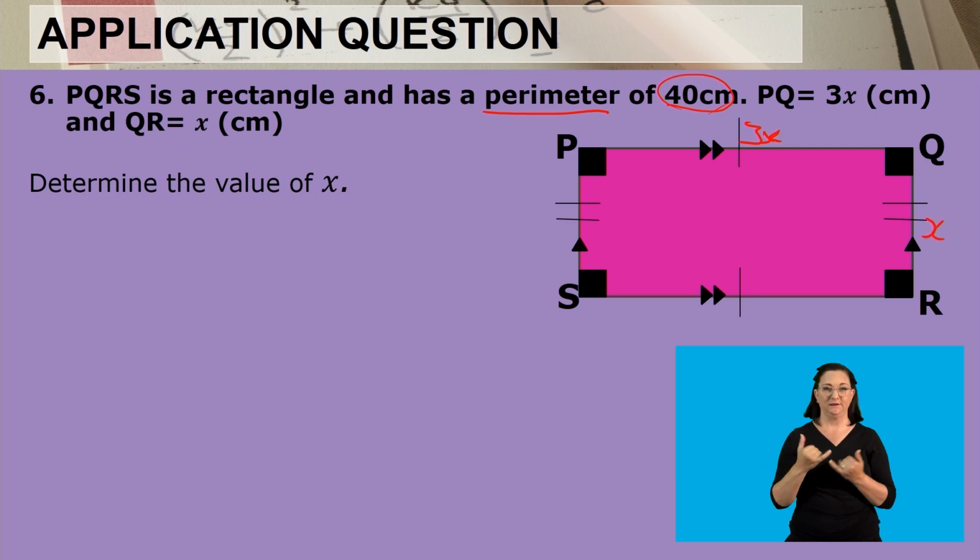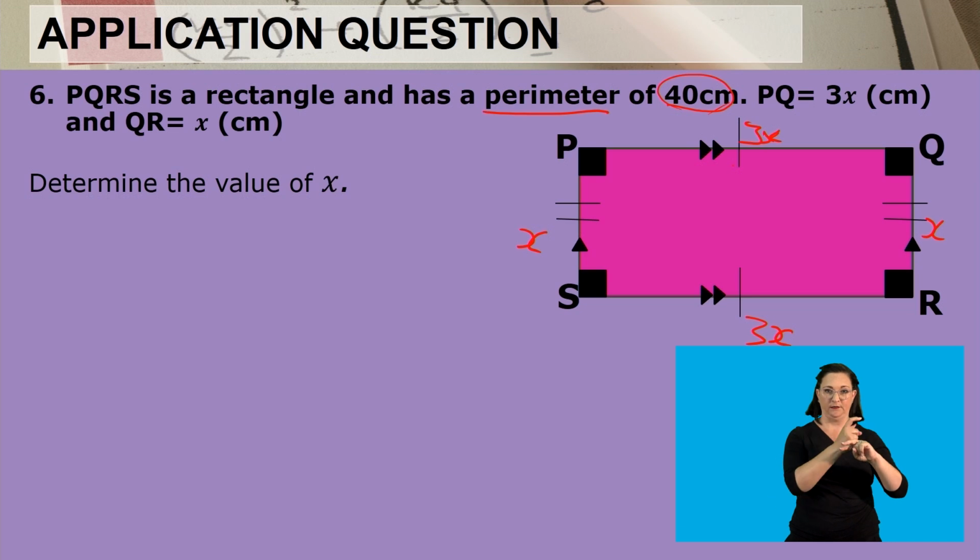Determine the value of x. Perimeter means all the sides added together. If this side PQ is 3x centimeters, the marking says this side is also 3x, and the double marking means this side is also x.